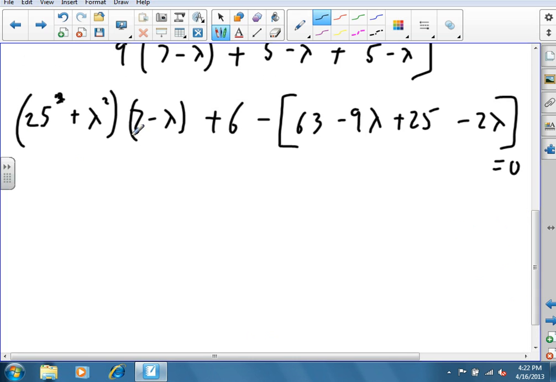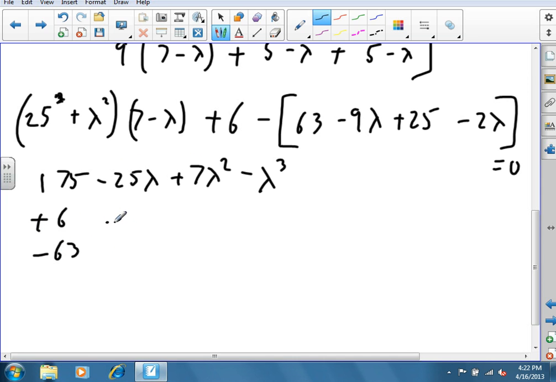25 times 7, you got to be kidding me. 175? 175 minus 25 lambda plus 7 lambda squared minus lambda cubed plus 6 minus 63 plus 9 lambda plus 2 lambda plus 25 minus 25.